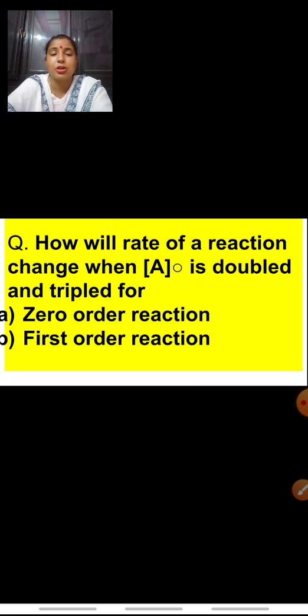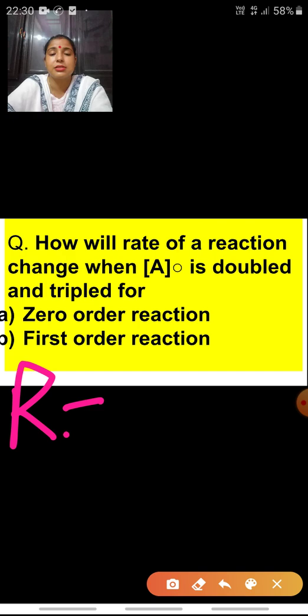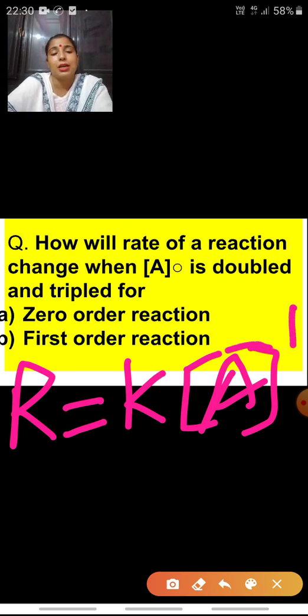Now for a first order reaction, the rate law expression will be rate is equal to K into concentration of A raised to power 1. For this reaction, if we make A as 2A, rate will also become how many times?